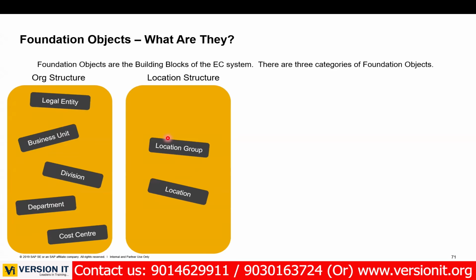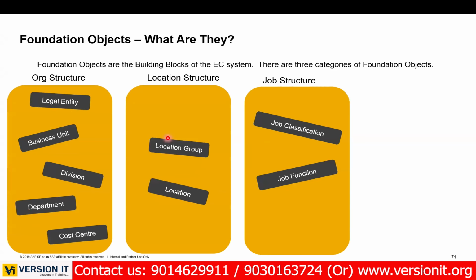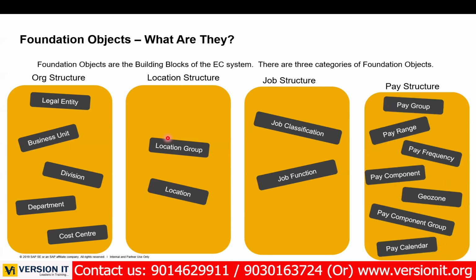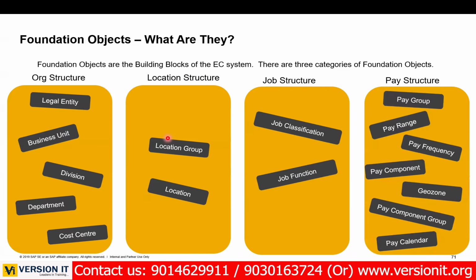Next, location structure: location group and location. Next, job structure: job classification and job function. These two we will discuss in the second workbook; here, they don't play any crucial role. Next, pay structure: pay group, pay range, pay frequency, pay component, geozone, pay component group, pay calendar.